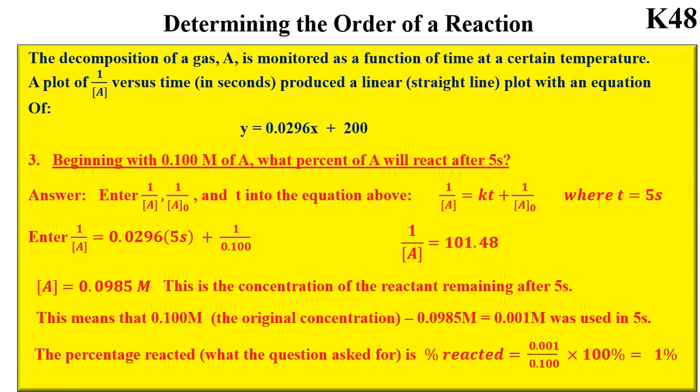The percentage reacted, what is the percentage reacted? So this is slightly different than the last question, it is simply what you used up, 0.001, divided by what you started with, 0.1, and then you multiply by 100, and that gives you 1%. So 1% of the reactant was used in the first 5 seconds.